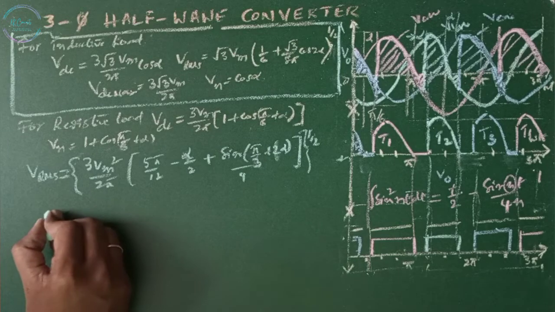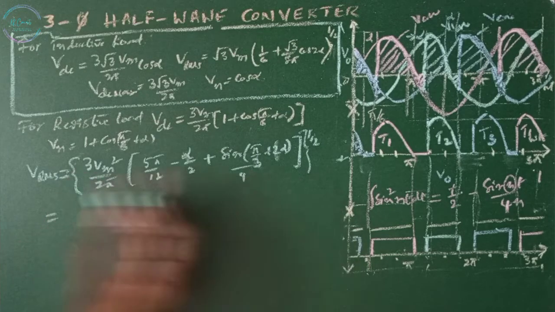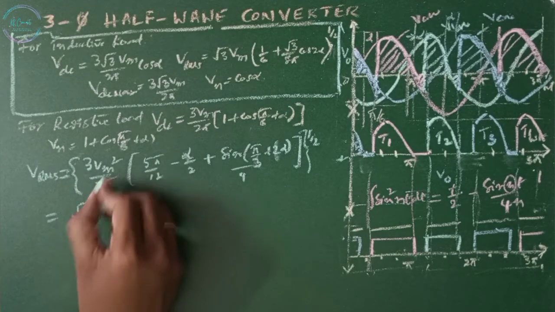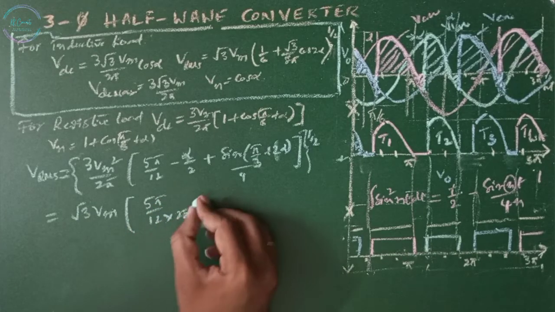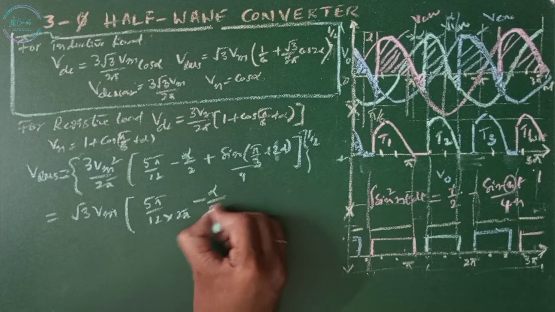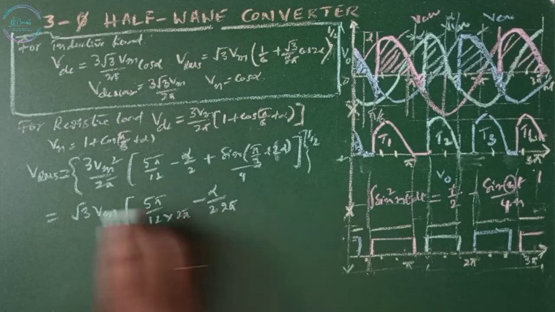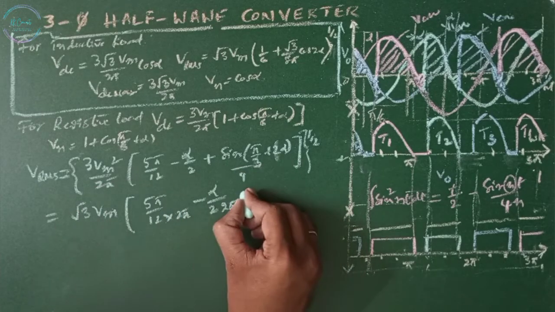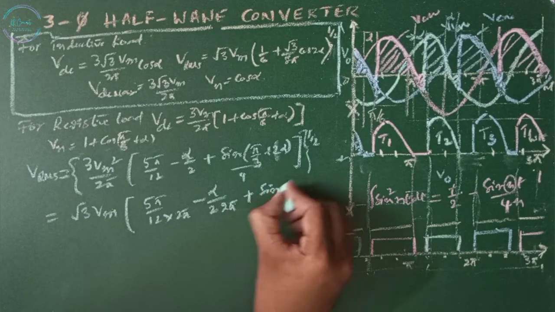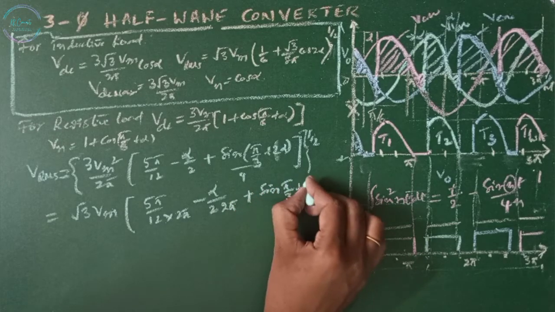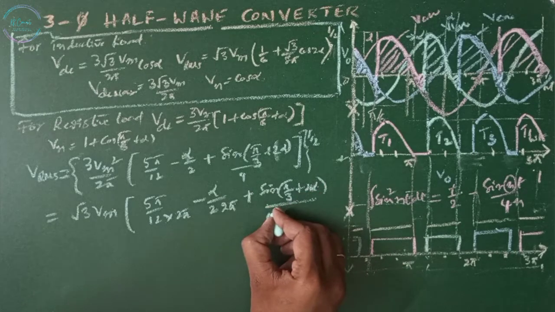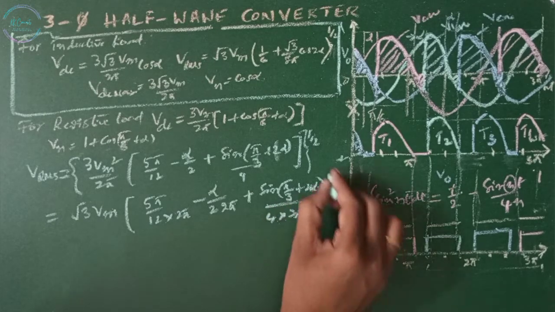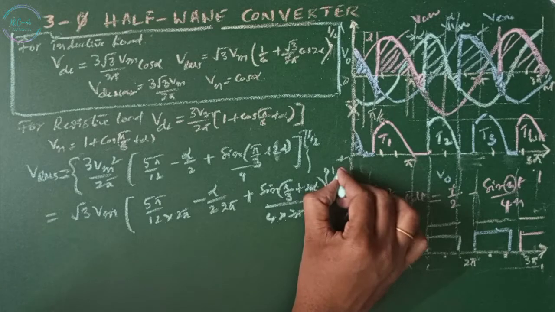Now try to simplify this. I'm taking the 3 out of the square root, so root 3 Vm, and we have 5 pi by 12 multiplied by 2 pi minus alpha by 2 into 2 pi. I'm multiplying the denominator with all the terms, plus sine of pi by 3 plus 2 alpha divided by 4 into 2 pi, to the power of 1 by 2.